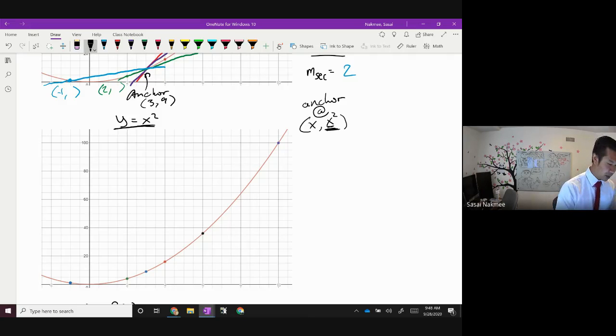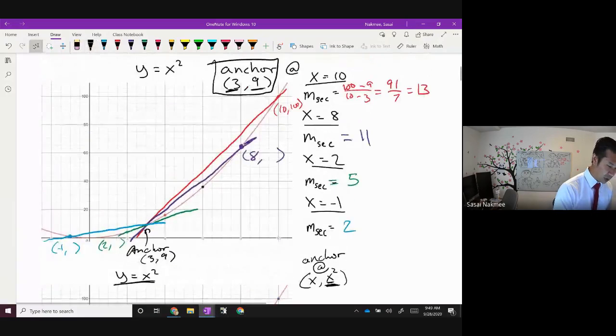Now if I wanted to add some values and calculate the slope with that, I'm just going to do it for a generic one, some generic point. If you notice, these points were basically just whatever your x value was here plus a specific value. Say x equal to 3 was my anchor, and then right here was x equals 10.